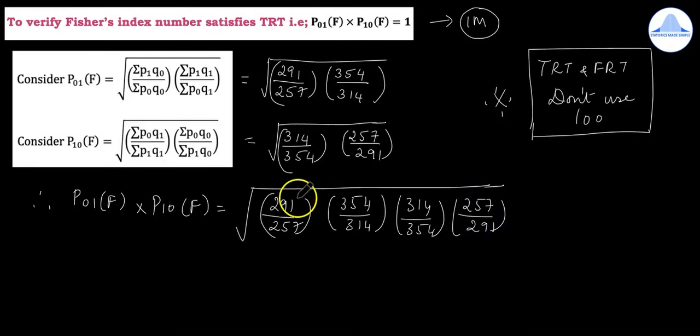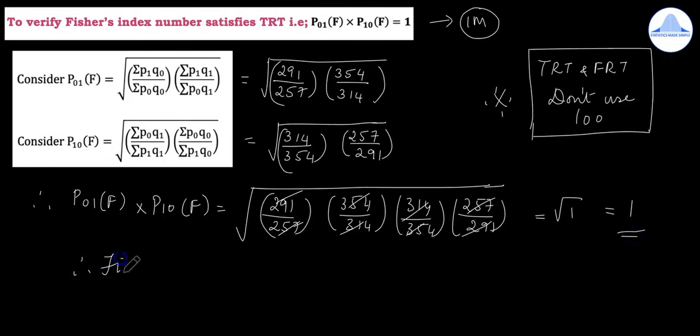Now you'll see that all the terms will get cancelled. So you'll get root 1, which is equal to 1. So we had to prove that P01 of F into P10 of F is equal to 1. So we've got the answer.